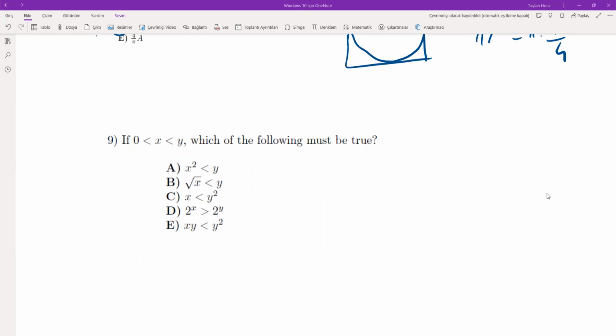Zero is less than x, less than y. Which of the following must be true? Must be true, if 0 is less than x, less than y. Okay, go on. Anyone else? Message me if you didn't message.